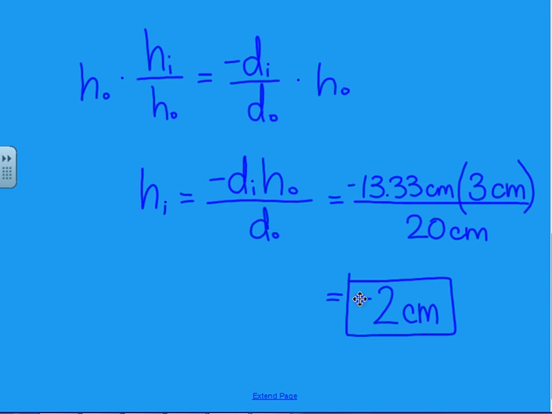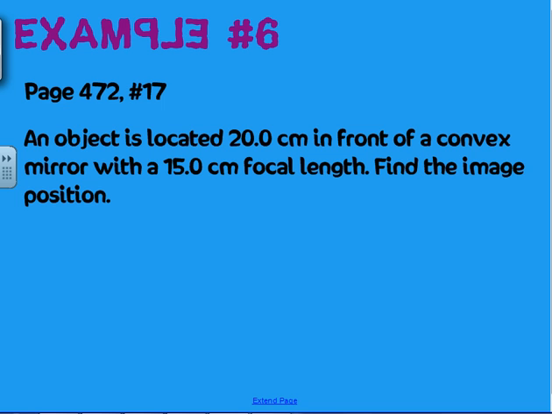This has shown us a couple of examples using concave mirrors. Let's look at an example with a convex mirror. In this example, an object is located 20 centimeters in front of a convex mirror with a 15 centimeter focal length. Find the image position.